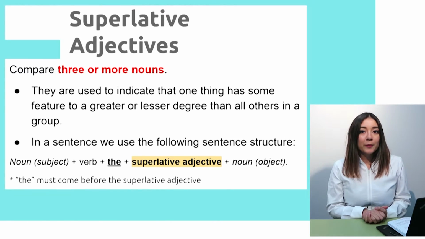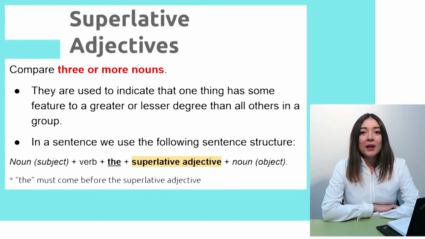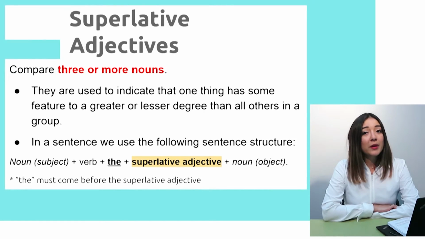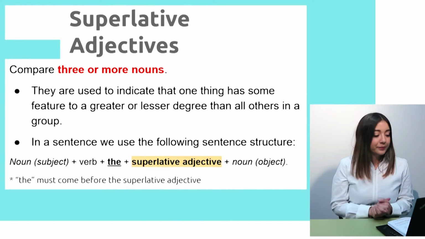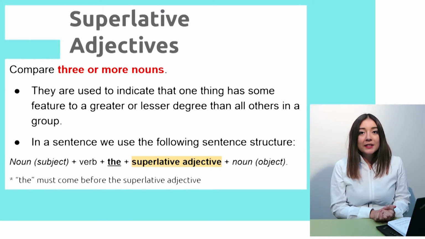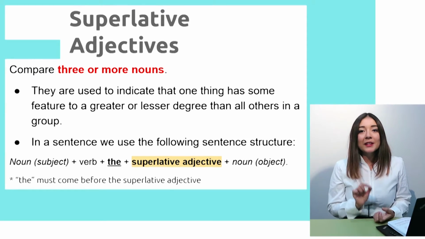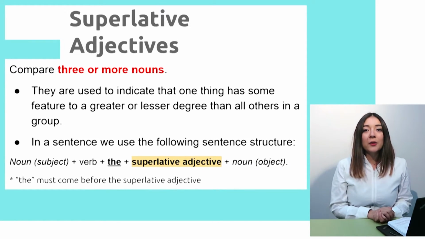For example, when it comes to an English class, we want to know what the best class is, and we would compare different classes to see which one we find is the best. This would be a form of superlative adjective. When looking at a sentence, we can identify the superlative adjective because the superlative adjective always comes after the article the.